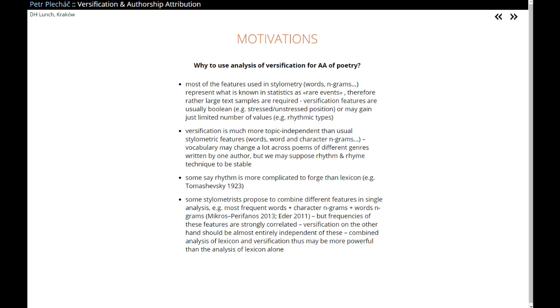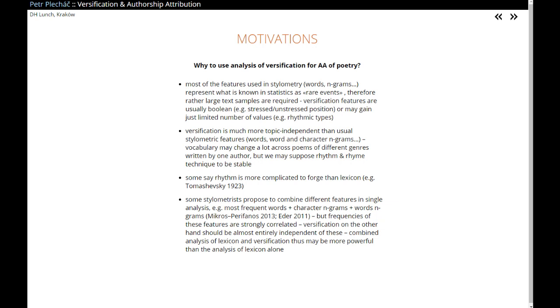Also, some say, and here I am keeping specifically Boris Tomashevsky in mind, that rhythm is more complicated to forge, which is something we may doubt, but he says that you can imitate Pushkin's vocabulary, you can use Pushkin's words, but it's really hard to imitate his specific sound of verse.